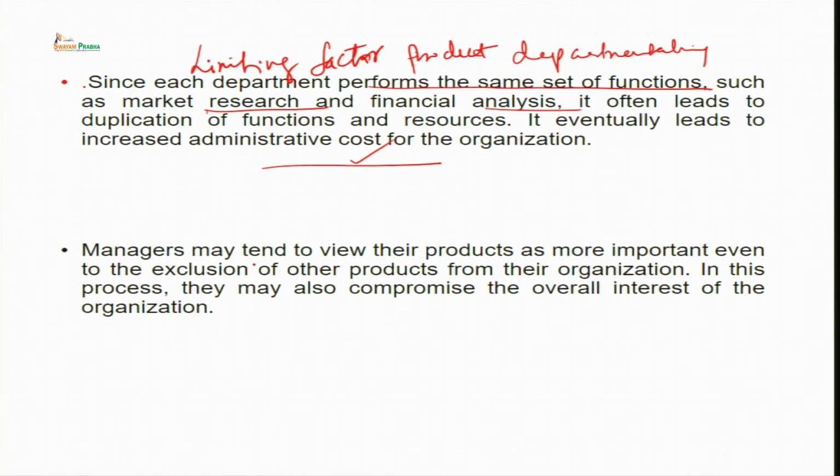Along with that, managers may tend to view their products more important, even to the exclusion of other products from their organization, and in this process they may also compromise on overall interest of the organization.